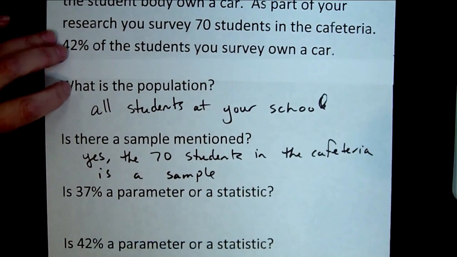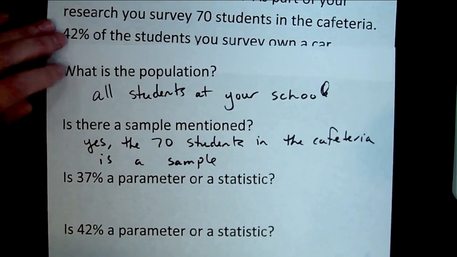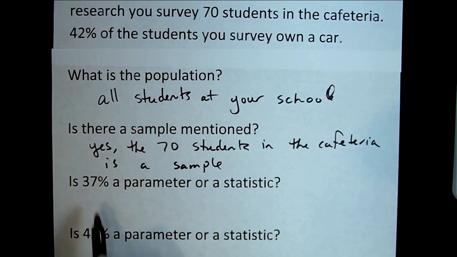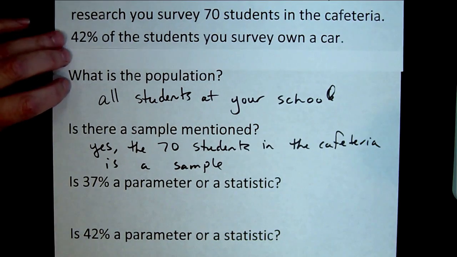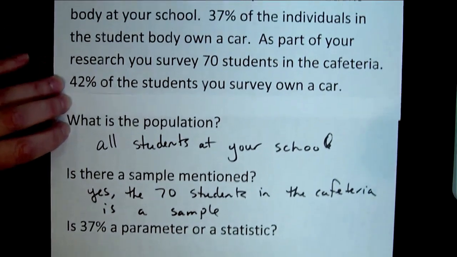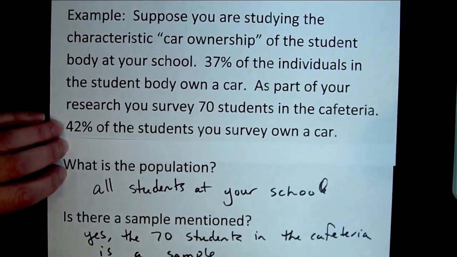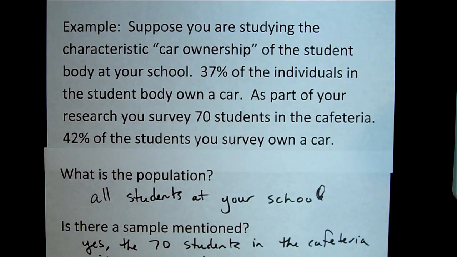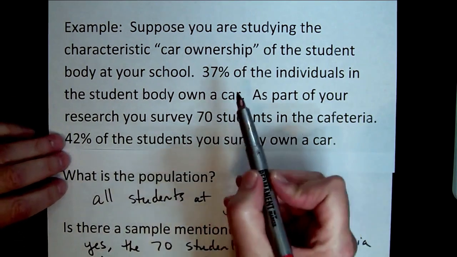Now, there's some numbers in the example as well. Besides the 70 students in the sample, we mentioned 37% and 42%. So the question here is, are these parameters or statistics? Now remember, a parameter describes the population, a statistic describes the sample. So let's go up here, let's see that. Where is that 37%?